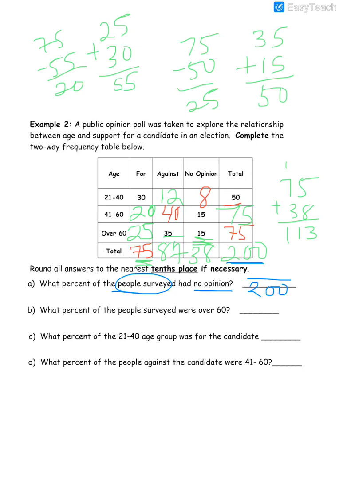So I'm going to look down, and all my no opinions, I got 38 out of 200. Okay, so let's see. If I do 38 out of 200 and I times it by 100, I don't have to do any rounding. I get exactly 19%.